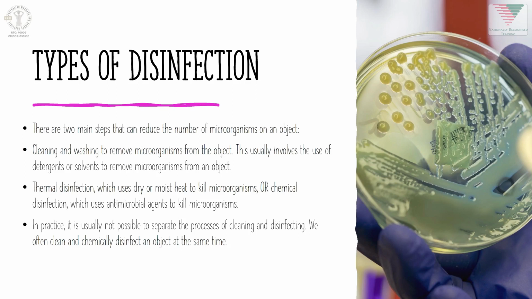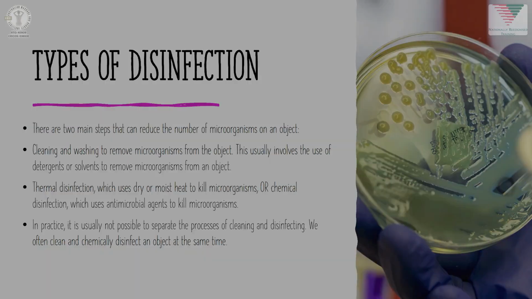Thermal disinfection, which uses dry or moist heat to kill microorganisms, or chemical disinfection, which uses antimicrobial agents to kill microorganisms. In practice, it is usually not possible to separate the processes of cleaning and disinfecting. We often clean and chemically disinfect an object at the same time.